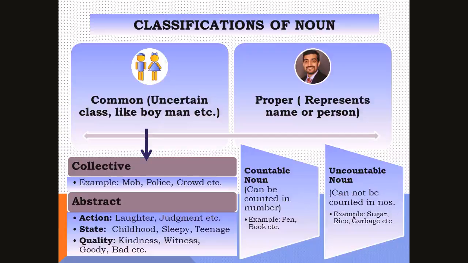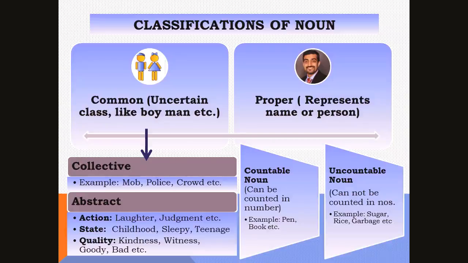Now, this common noun also can be of two types: the countable noun and uncountable noun. What are the countable nouns? You can count 1, 2, 3, 4, 5, 6 easily. Anything like pen, book, any material thing that has a unique shape and that you can practically count by numbers.